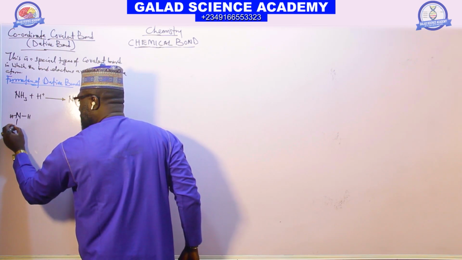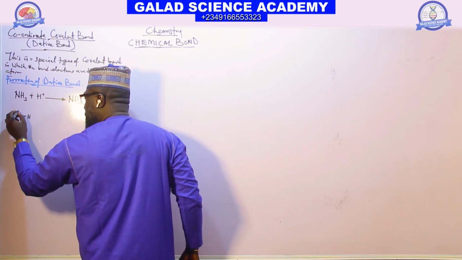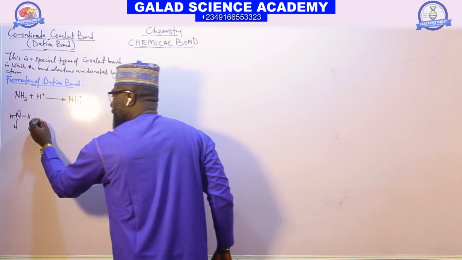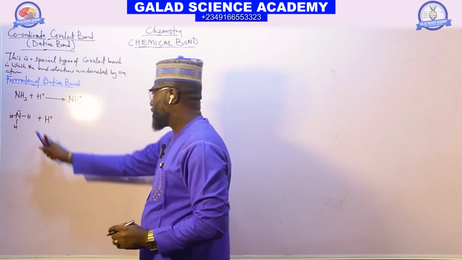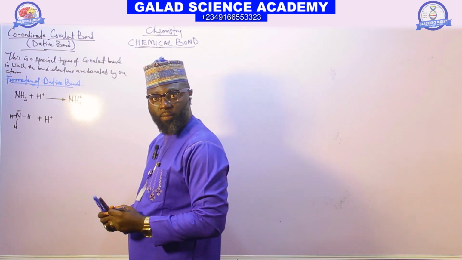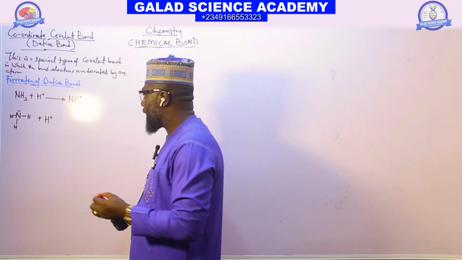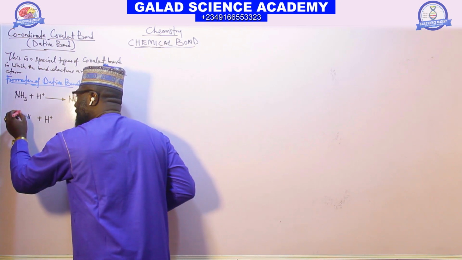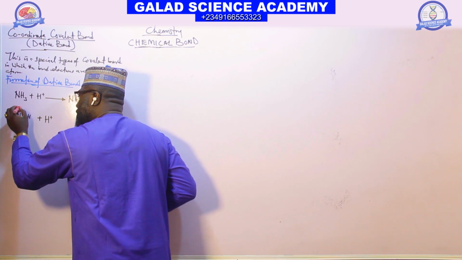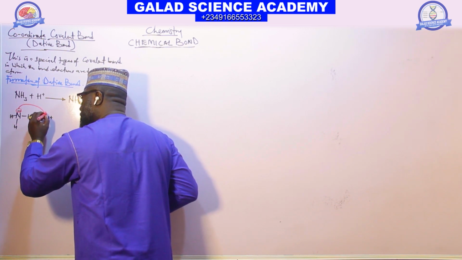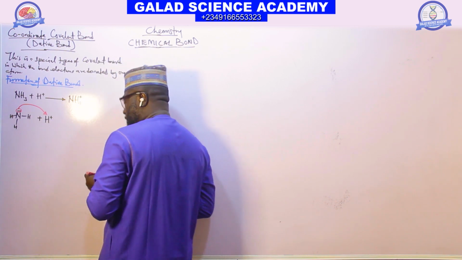Look at the scenario that we have there. NH3 has a lone pair. The hydrogen ion is empty; it has no electron in its body at all. When it reacts with it like this, the lone pair will now be shared with the hydrogen.